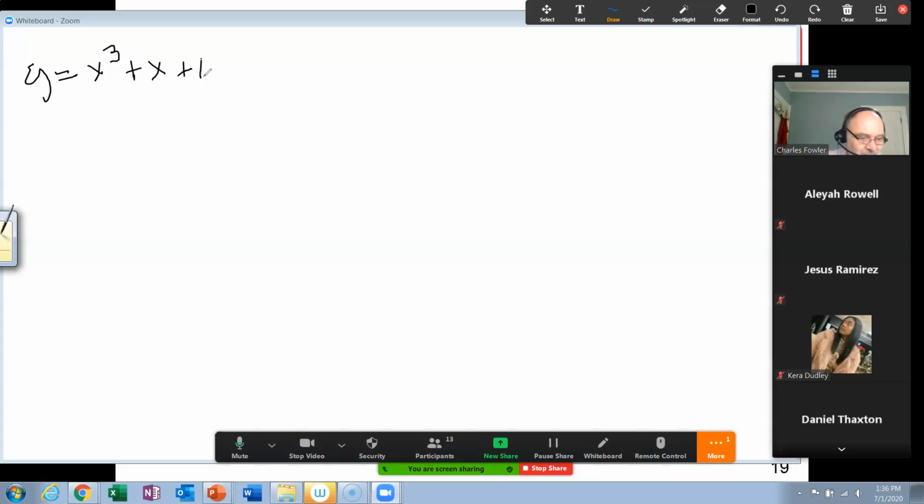Sometimes it writes and sometimes it won't. Let me pull this over so it's easier to read. So there's one graph, one function. Here's the second function, y is equal to 1. That's a pretty easy one.